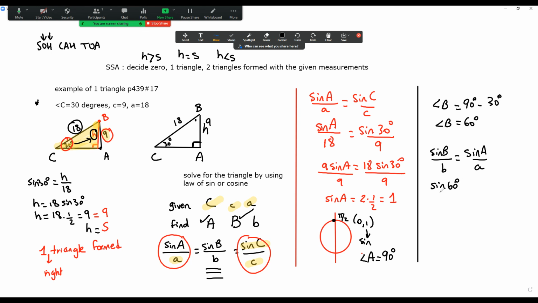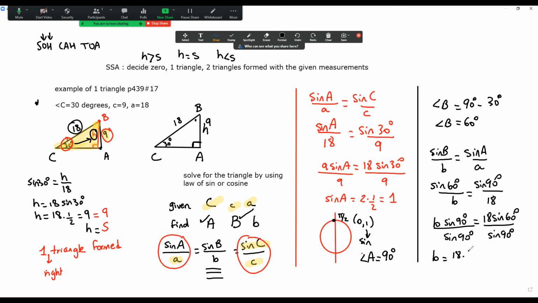So sine of 60 degrees over side B equals sine of 90 degrees over 18. Cross multiply, then divide, and you will get what side B equals.